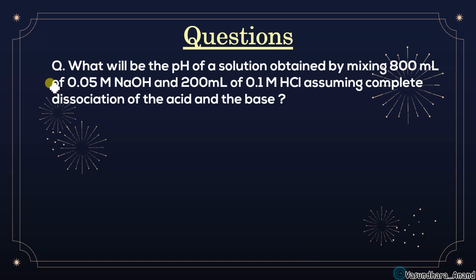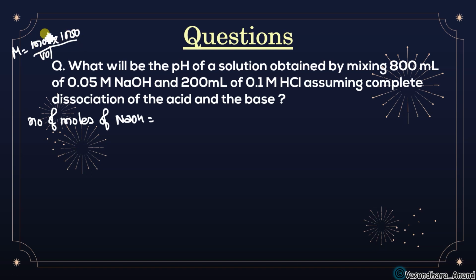Okay, so in this case, the molarity and the volume of NaOH are given. So let's find the number of moles of NaOH. See, we have the formula: molarity is equal to moles upon volume, and this volume is in liter. If I convert it into milliliter, we will just multiply by 1000.